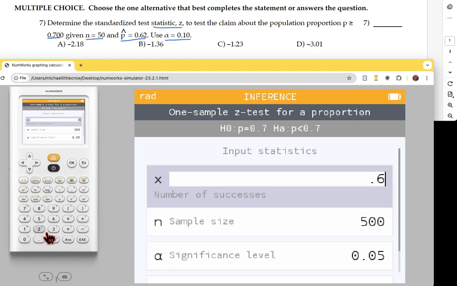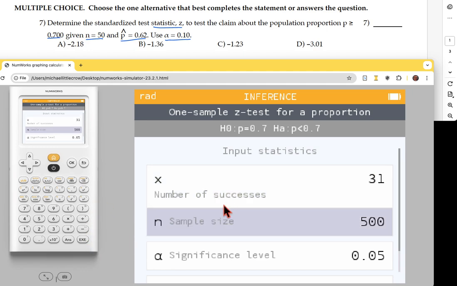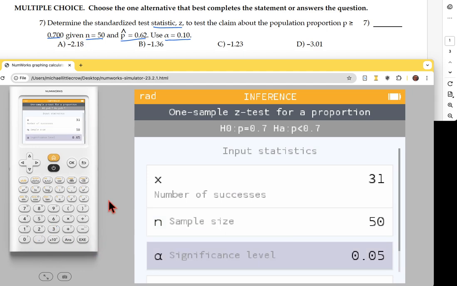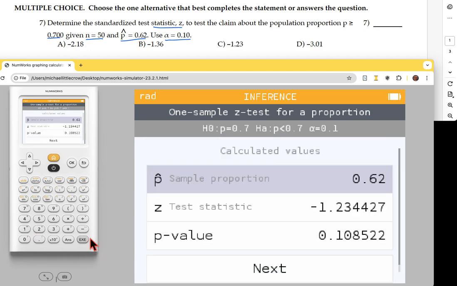So 0.62 times 50, sample size of 50 times the proportion of 62%, gives us 31. And the sample size now is 50, and the level of significance they want us to use is 10%, so 0.10. Go to next.